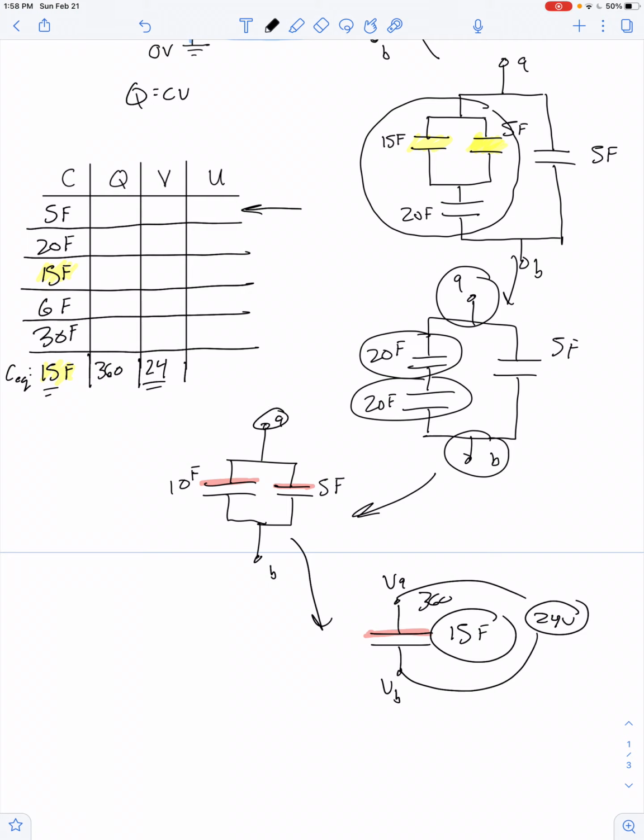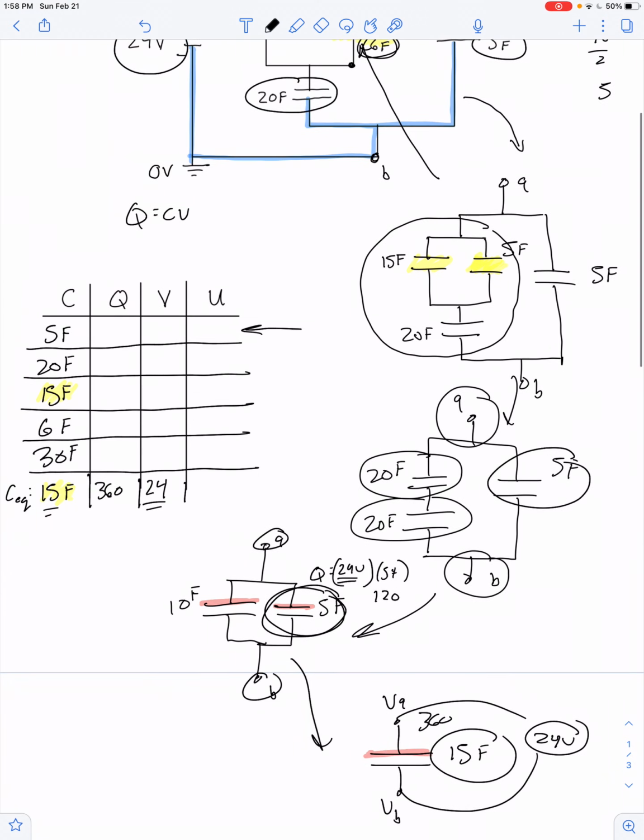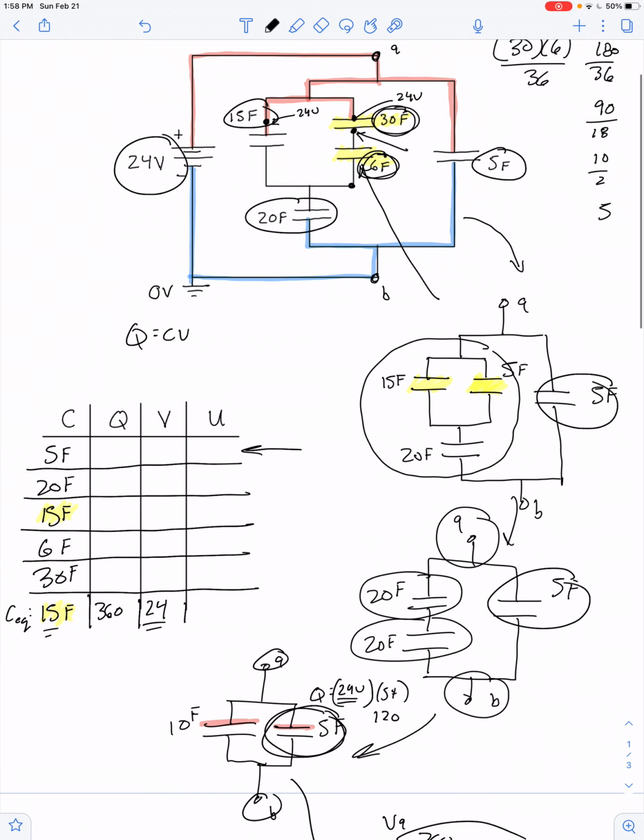Well, this is still point A and still point B, so that's still 24 volts. So the amount of charge on this plate would be equal to 24 volts multiplied by 5 farads. So 24 times 5 gives us what? 120. Okay, well, that 5 farads is this 5 farads, is this 5 farads, is this 5 farads.